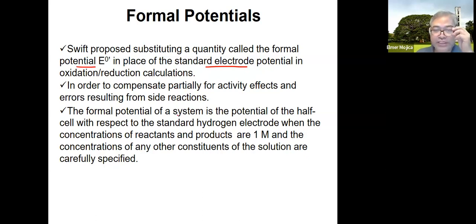The formal potential of a system is the potential of the half cell with respect to the standard hydrogen electrode when the concentration of reactants and product are 1 molar and the concentration of any constituents of the solution are carefully specified.